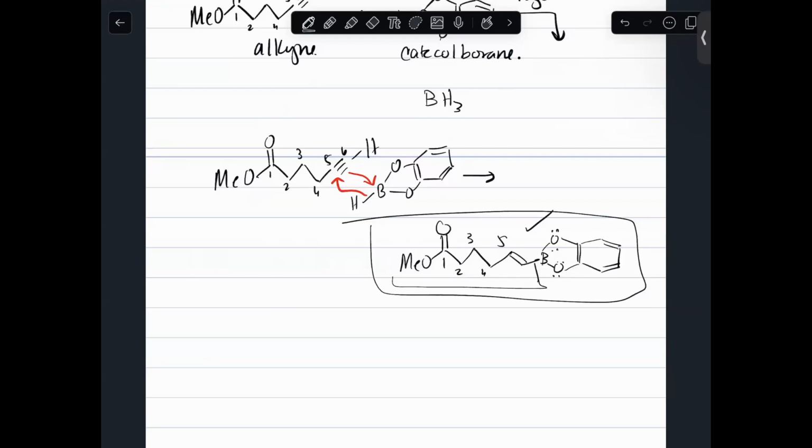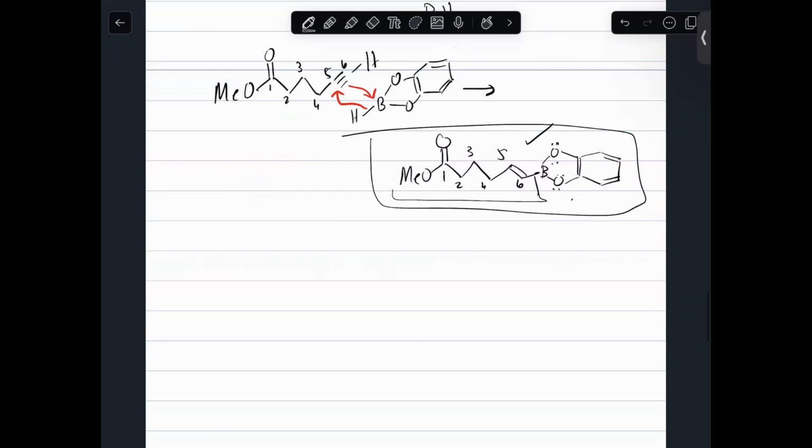So in our group, we form our vinyl borane, and then we treat it with our aryl halide. And we'll go through the mechanism. And I'll just write OR.